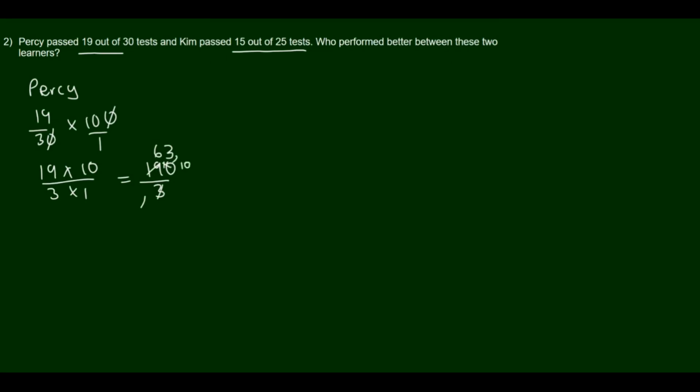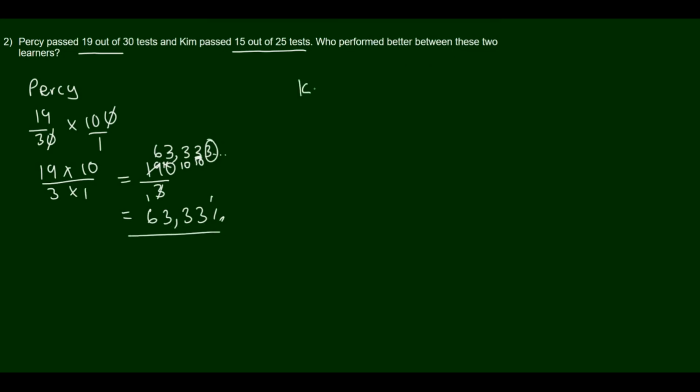Then put a 0 next to the remainder. 3 into 10, 3 remainder 1. It goes on like that. So it's a recurring decimal, which is 63.33%. When you're rounding off, this 3 will not change because the number to the right of it is less than 5. So Percy passed 63.33% of his tests.